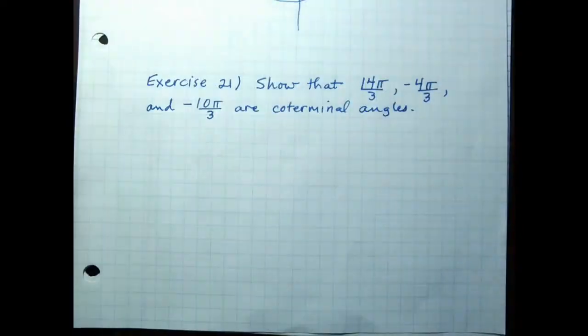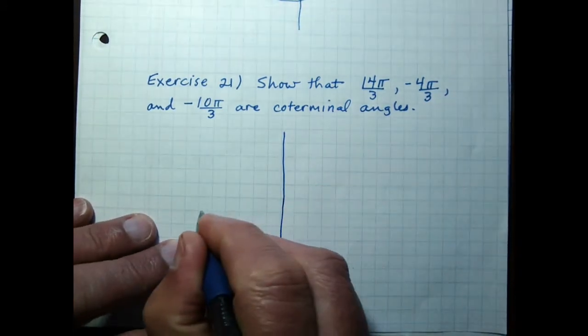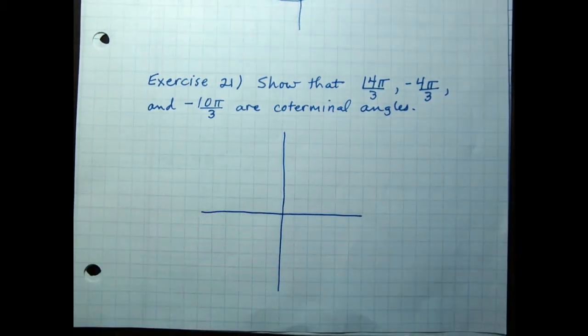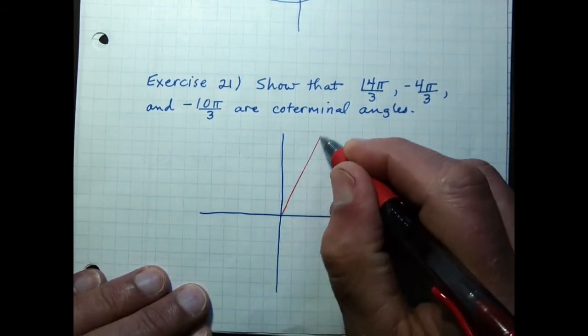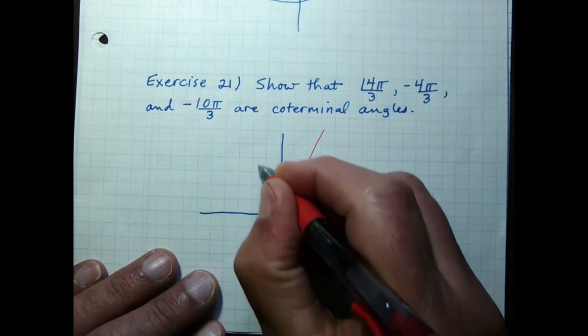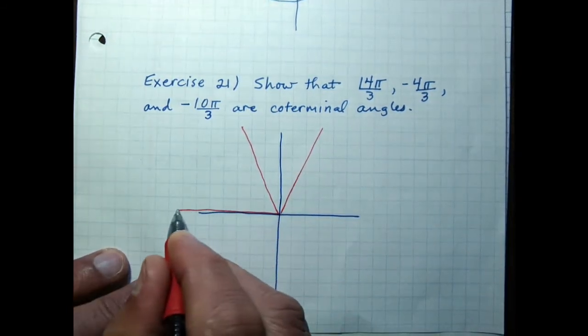So these are multiples of 60 degrees, but we're thinking in terms of radians. It probably is going to help me in this diagram if I imagine these red lines, like 60, 120, 180, would be here.